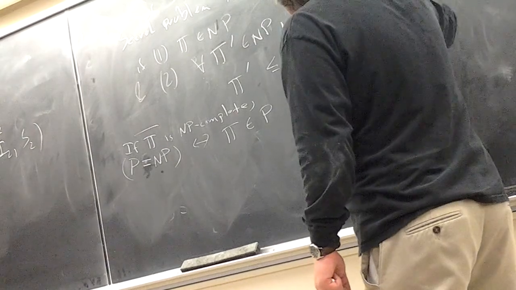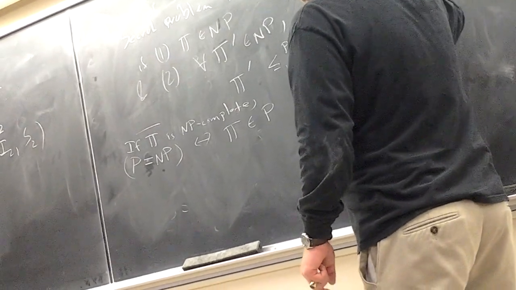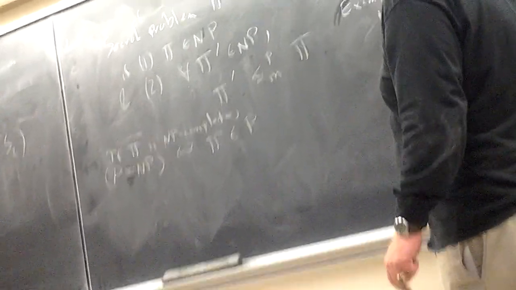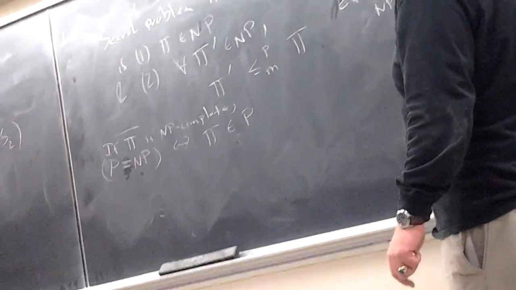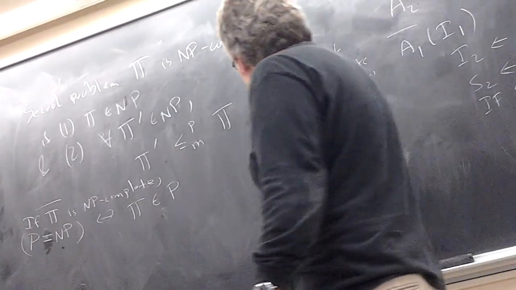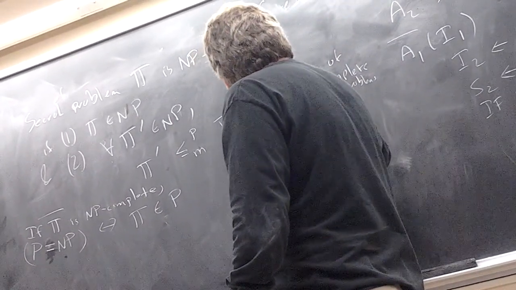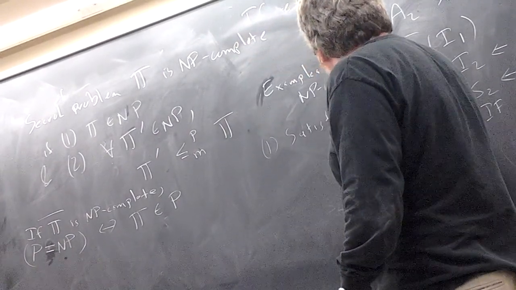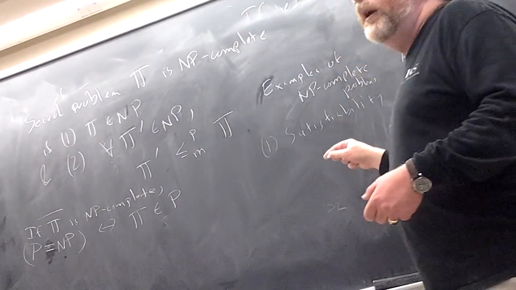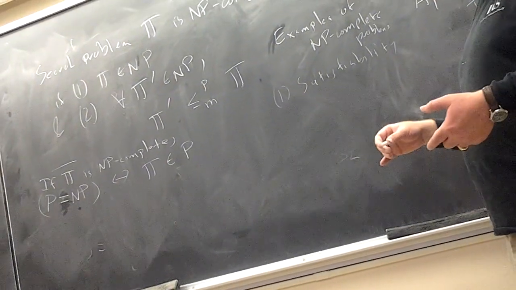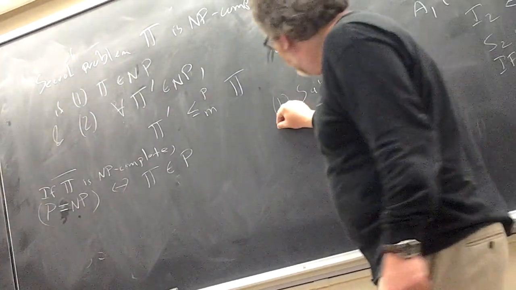So, examples of NP-complete problems. I think the canonical example are different versions of satisfiability, where you're given a circuit and you want to know whether there's some input which makes the circuit true.